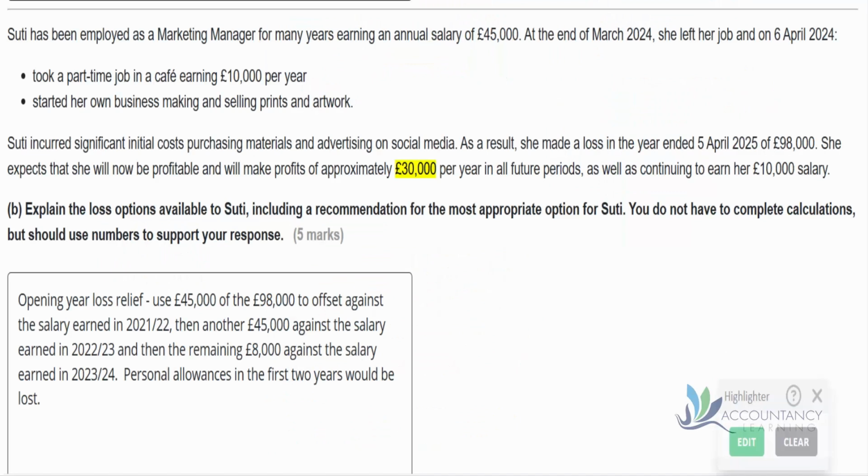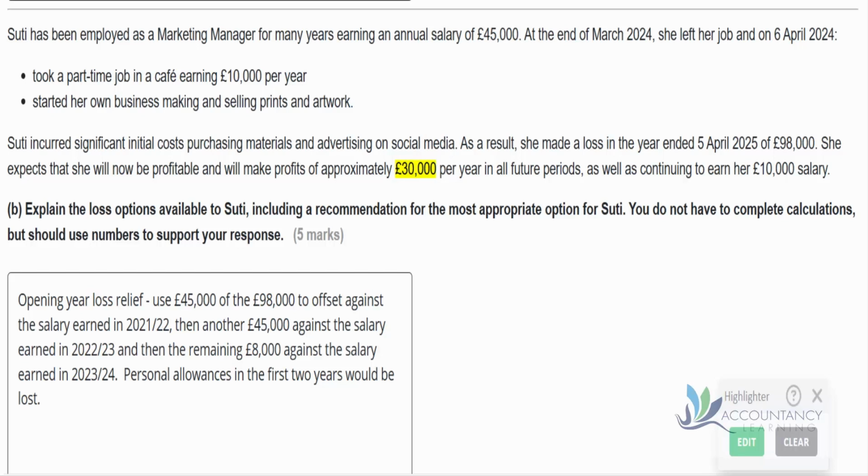So if you're going to use the opening year loss relief, we could use 45,000 of the 98,000 loss to offset against the salary earned in 21-22. Remember, we need to do this on a first in, first out basis, and it's also an all or nothing basis. So we'd be losing personal allowances, wouldn't we?